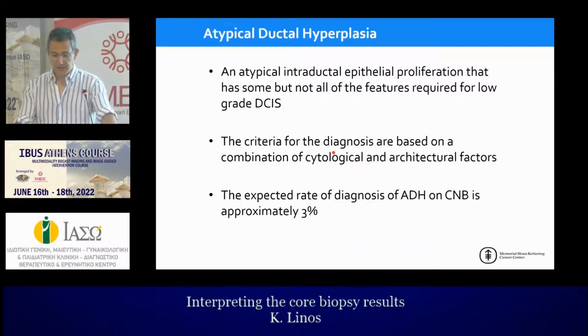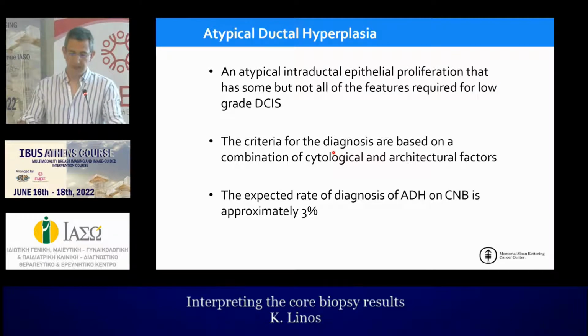In terms of atypical ductal hyperplasia, what is it? It is an atypical intraductal epithelial proliferation that, as I said yesterday, has features that resemble low-grade DCIS, but doesn't meet the criteria for low-grade DCIS. And the criteria are mainly quantitative, because qualitatively, morphologically, it looks exactly like a low-grade DCIS.